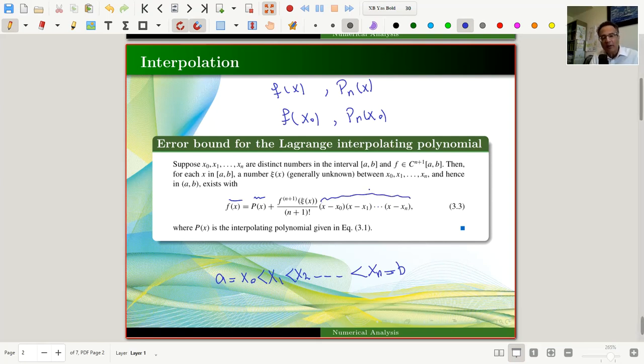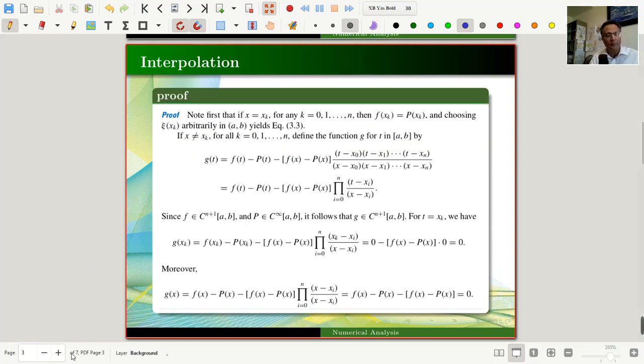We can call it the product of (x minus xi) for i equal to 0 to n. So we can write this formula a little easier. Now, we want to prove this theorem.